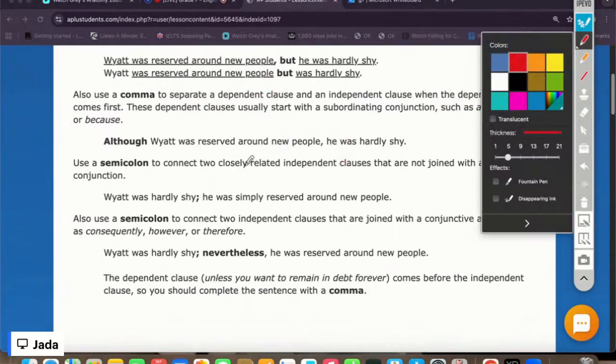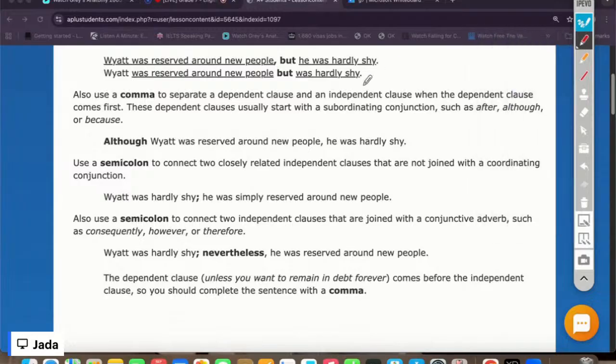Then also you use commas to separate dependent clauses and an independent clause when the dependent clause comes first. So when you have a dependent and an independent clause and the dependent clause comes first, you would use what? A comma. These dependent clauses usually start with a subordinating conjunction such as after, although, because, when. Okay.